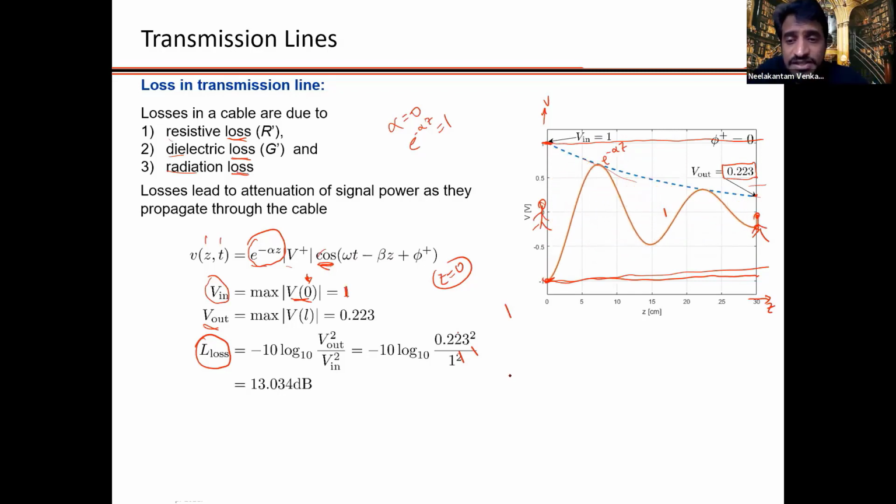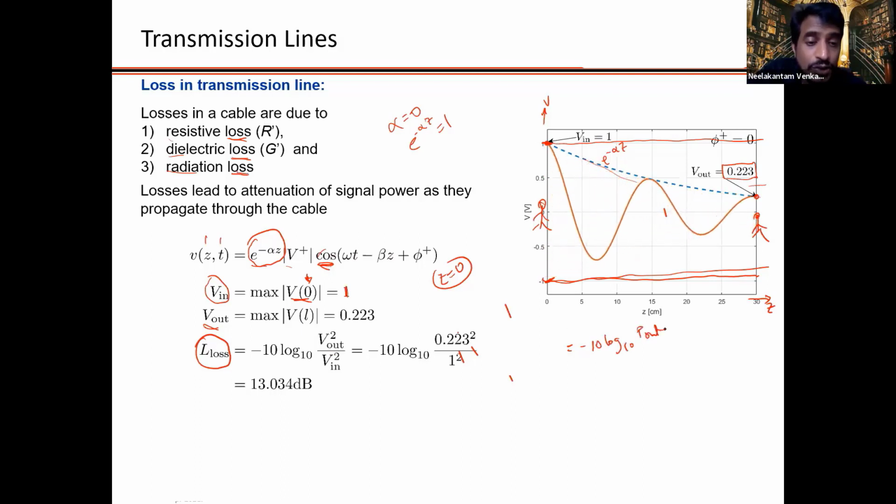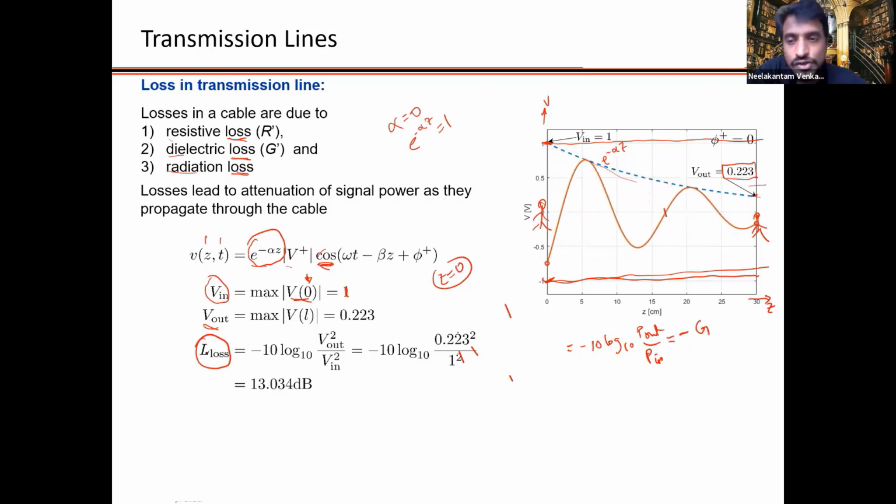The loss is negative 10 log10 of V out squared over V in squared. In other words, this loss is negative 10 log10 of P out over P in. 10 log10 of P out over P in is your gain, isn't it? So this loss is going to be a negative gain.